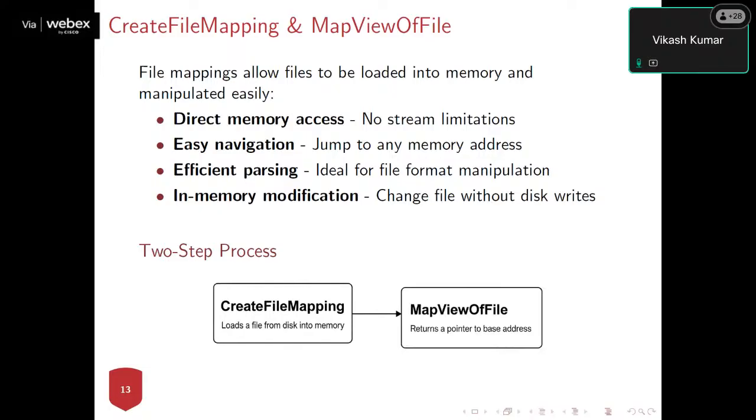So if you get this idea correctly, you can imagine how process injection and other activities can be done, or how fileless malware can be attained. Basically, the map view of file means, suppose some malicious DLL is encrypted or packed into some exe file, so it does not have any independent existence on the disk.